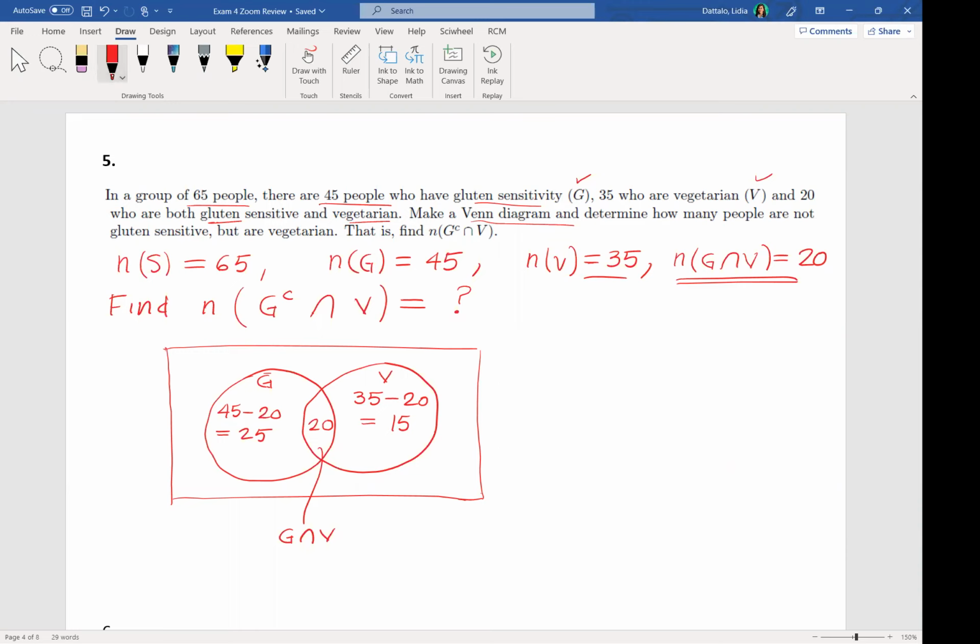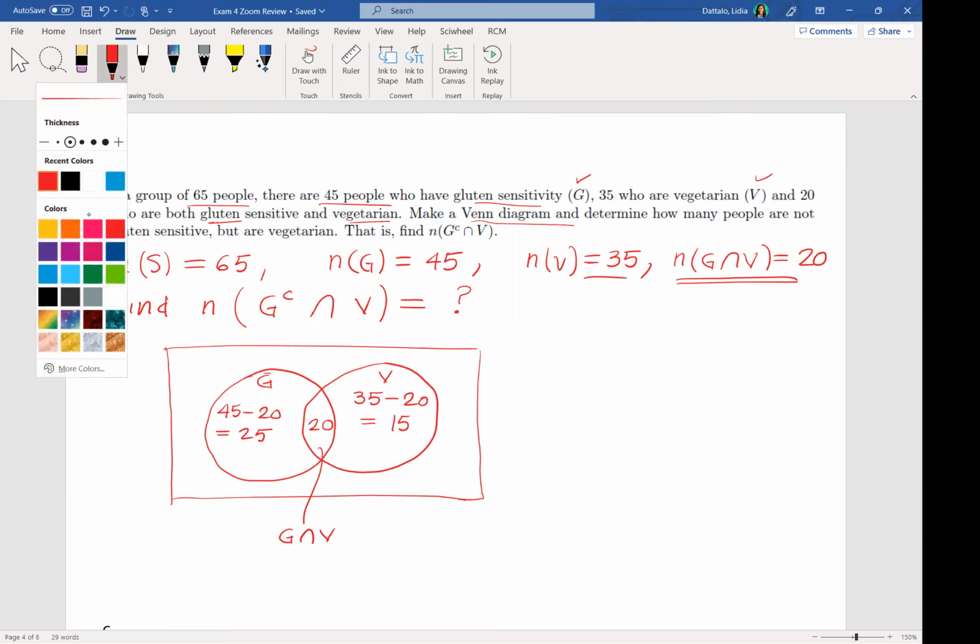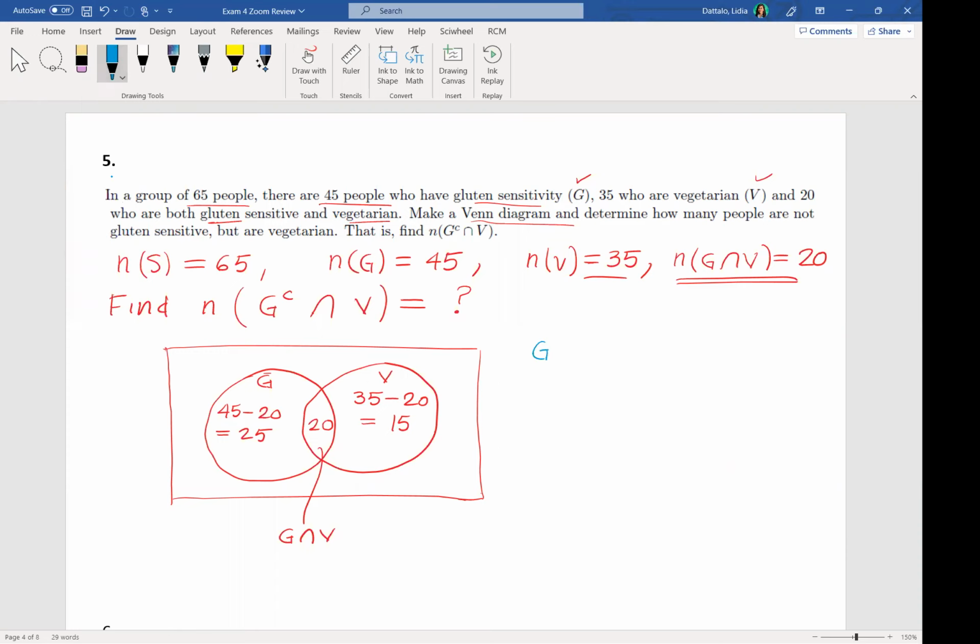Now, what we want to do is look at the complement of G. I'm going to shade. The complement of G just says not G. Not everything else, but not G. G is this big circle. Maybe I should have made it a different color, but I can do that.